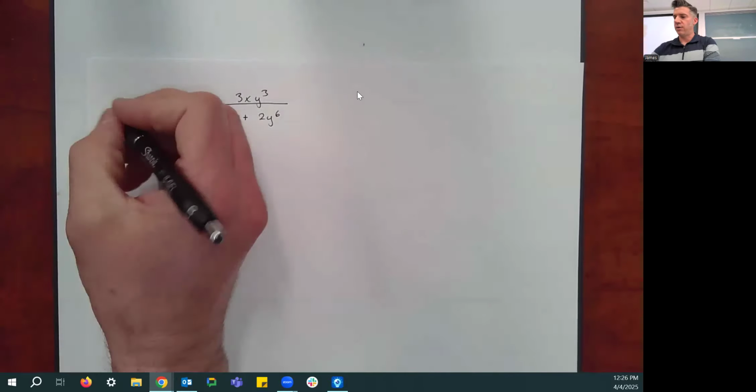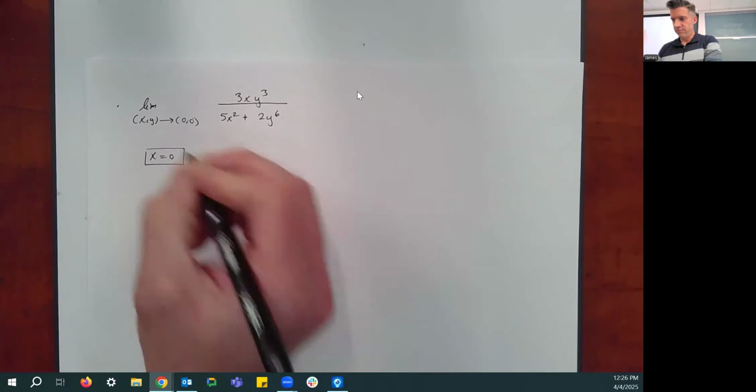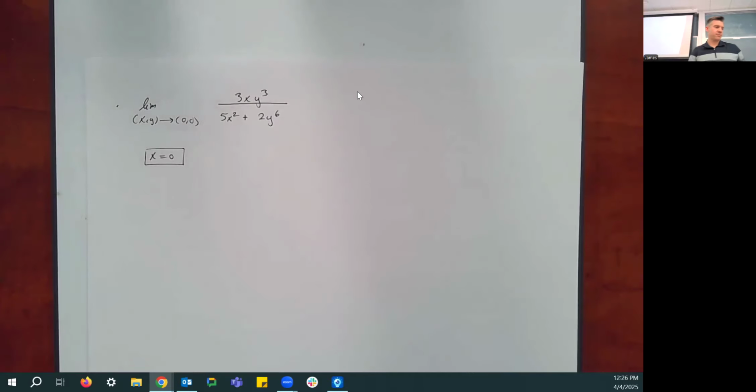I would encourage you to start by trying x equal to 0. You can choose any path as long as it contains the origin, or whatever point we're approaching. You can choose any function that goes through the origin. So try a few things.